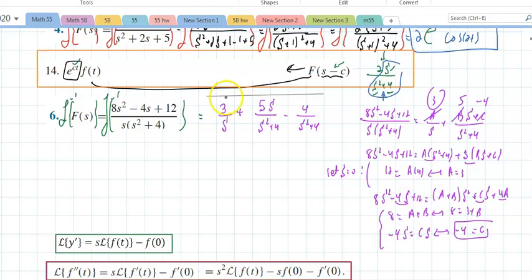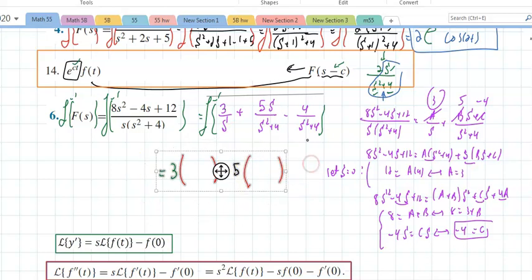And I'm really applying the inverse Laplace transform on this. And let's see how this works. I'll get this to be 3 times, let me use red, plus 5 times, minus 4 times.